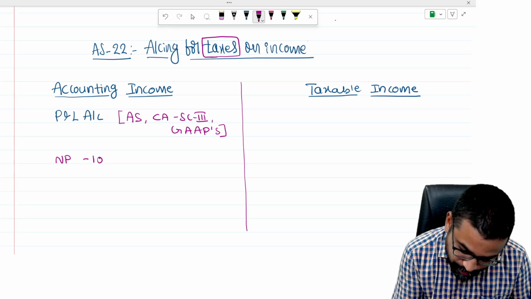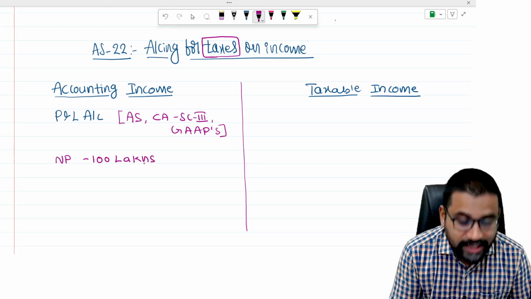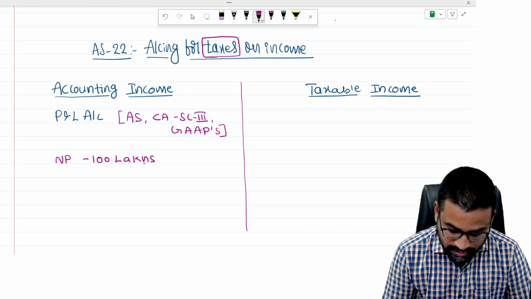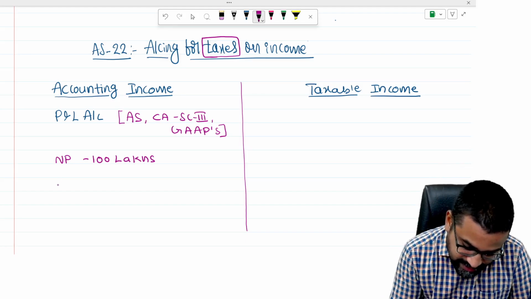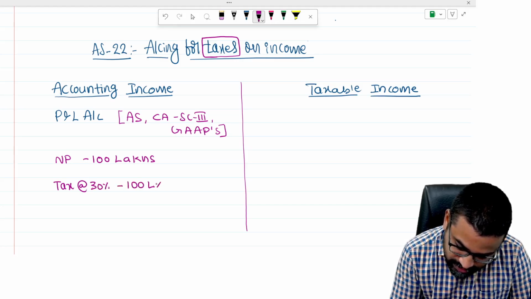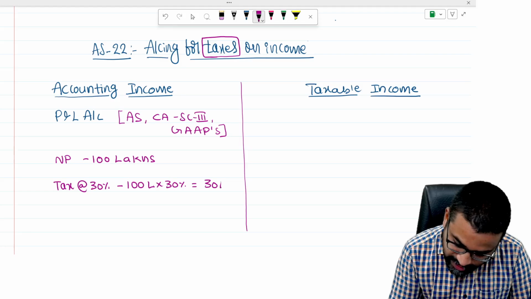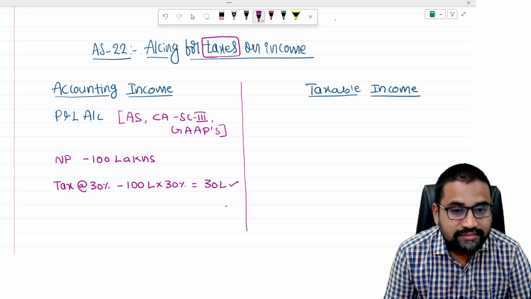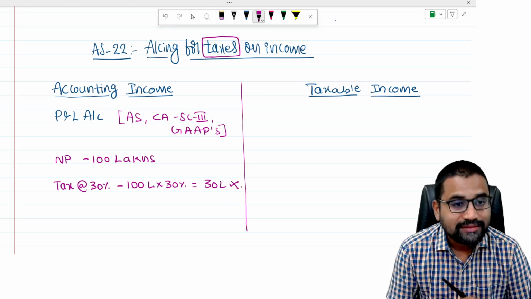Suppose you got a net profit of 100 lakhs. Now, can I pay tax on this 100 lakhs? Suppose, for example, this is a company, and the tax rate applicable is 30%. So 100 lakhs into 30%, so 30 lakhs will be the tax liability. Is this correct? No, this is not correct.